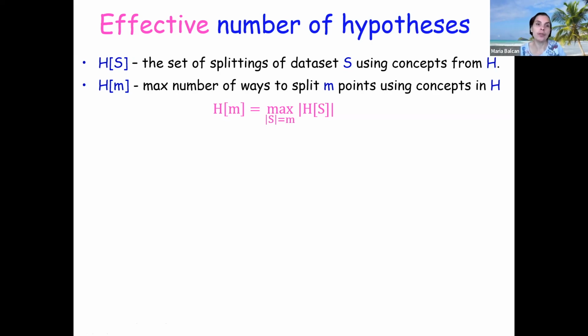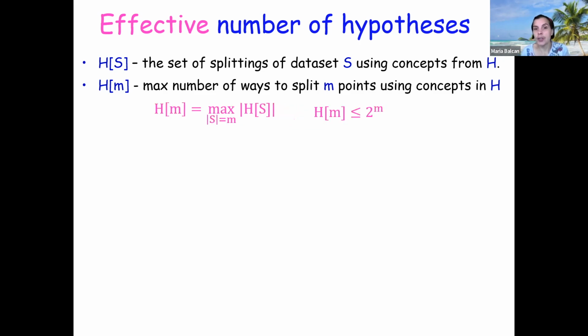For concreteness and simplicity today, let's assume that H is a set of binary classifiers, so only plus or minus 1 labelings are allowed. I'm going to denote by H of m the maximum number of ways of labeling m points using concepts from my search space H. Because H is a class of binary classifiers, H of m is at most 2^m, because the label of any single point can be plus or minus.